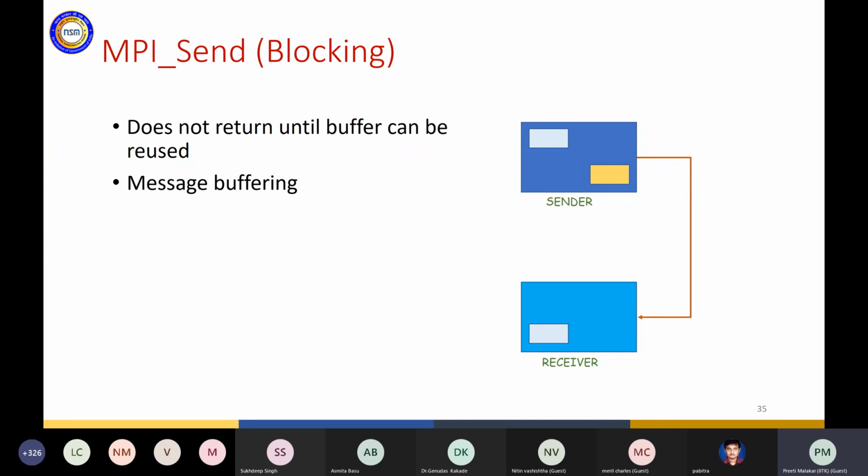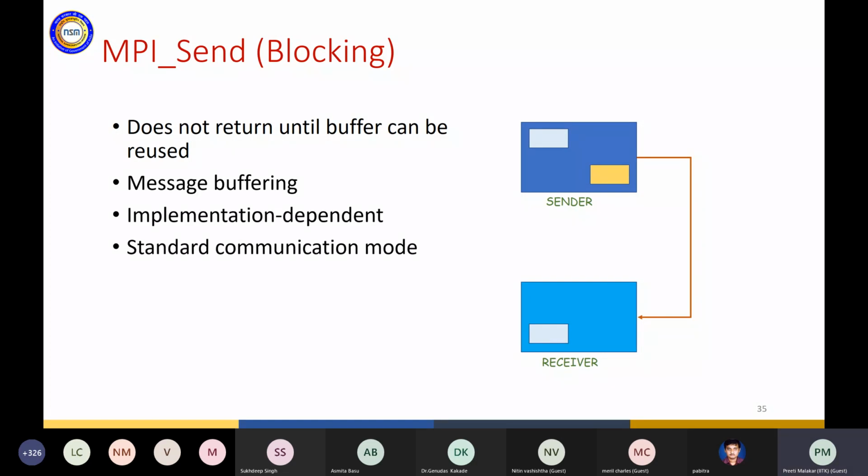Although it is called blocking, this is just a performance improvement that is sometimes implemented by MPI implementations. In fact, most of them do implement it, because you don't want to unnecessarily block the sender just because the receiver is not yet ready. Remember, these two processes are on different systems. For example, I'm sending something to some person and I don't want to wait till that person has received the packet, right? So message buffering is typically used.